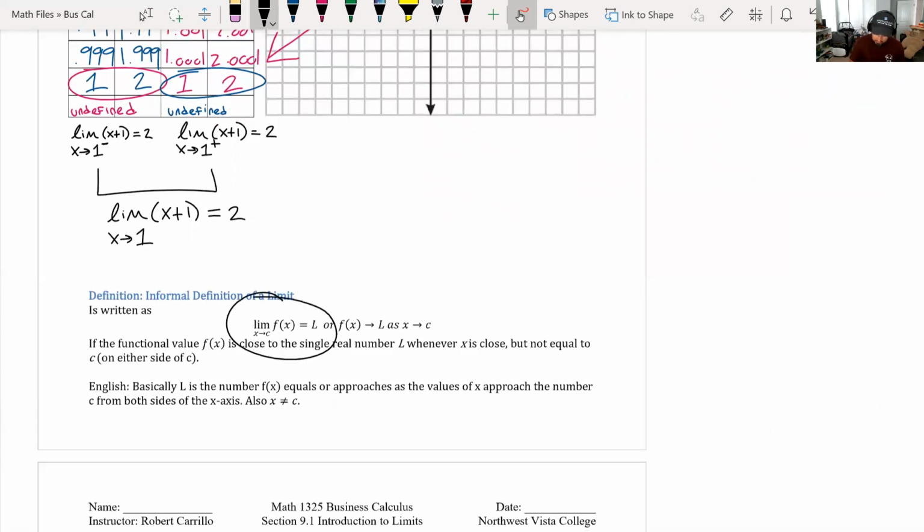This is the same thing as that. Just plug in some numbers, right? Or you could say, as y approaches 2, x approaches 1. Or in definition terms, as f of x approaches some number L, x is approaching some number c. So that's exactly what we did.